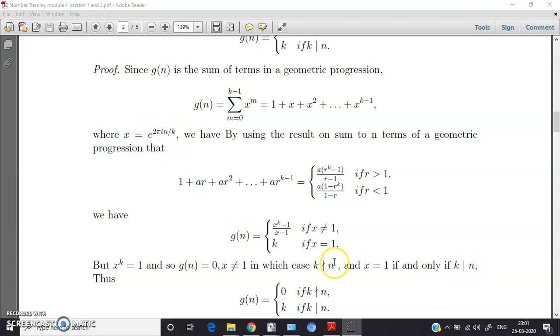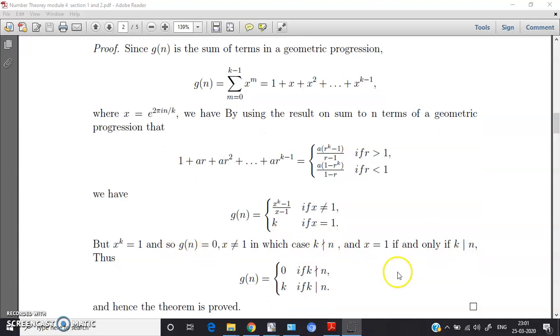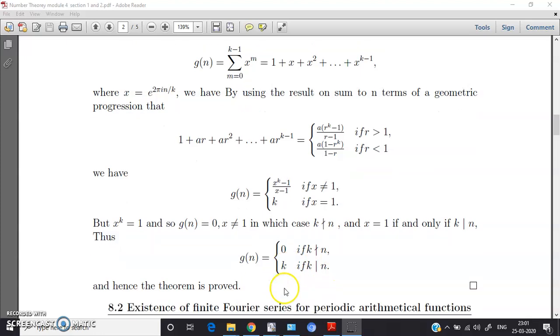So x equal to 1 will happen only when k divides n, and so we have the result that g of n is equal to 0 if k does not divide n, and equal to k if k divides n, and thus we have proved the theorem.